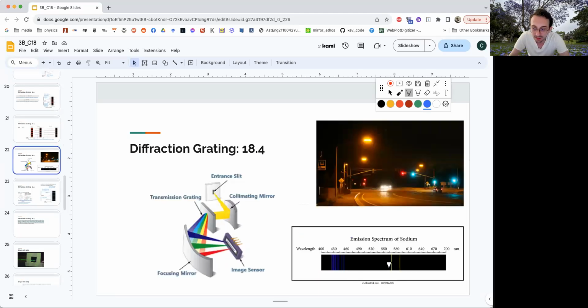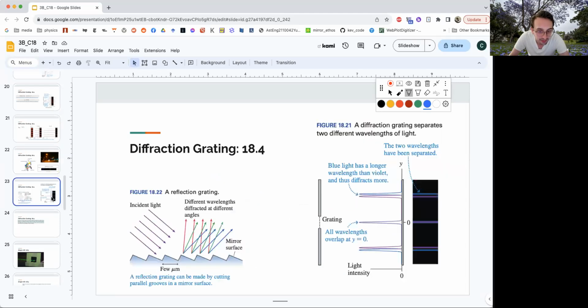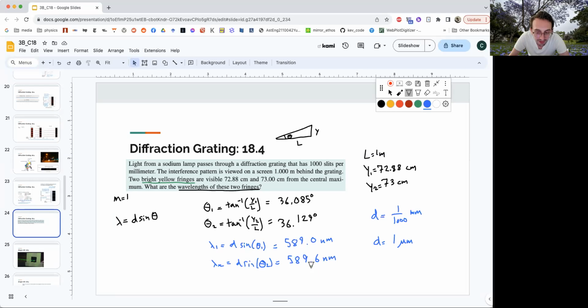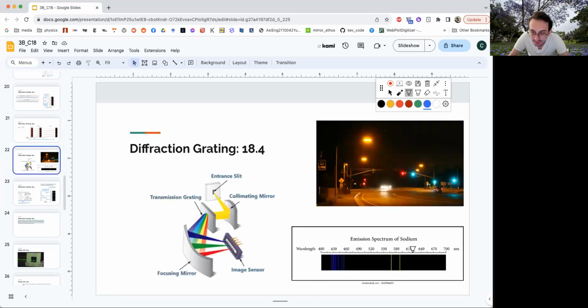So when we go back up here, you can see that these two are at 589 and 589.6. So what that's telling you is that this yellow line is actually secretly two lines. So when they show us this picture, they just show one yellowish spot. But if we zoomed into that, and this is really true, there are two lines right next to each other.